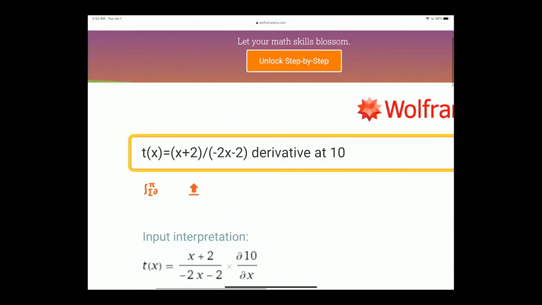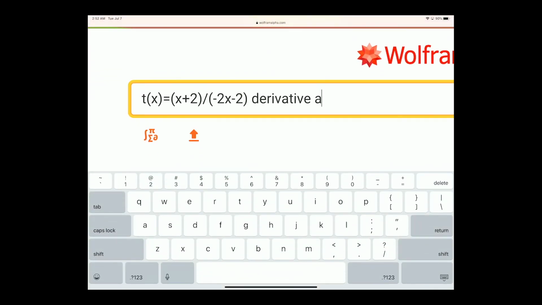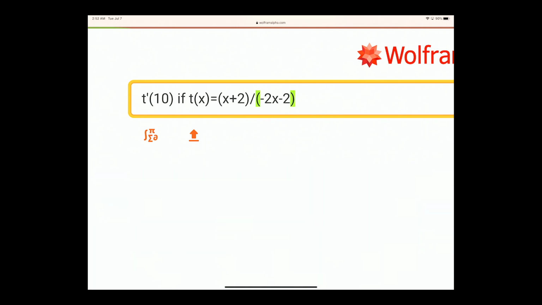Nope. All right, third time's the charm, right? Try this. Let's go back here. Write it at the beginning. T prime of 10. Okay. I feel lucky.